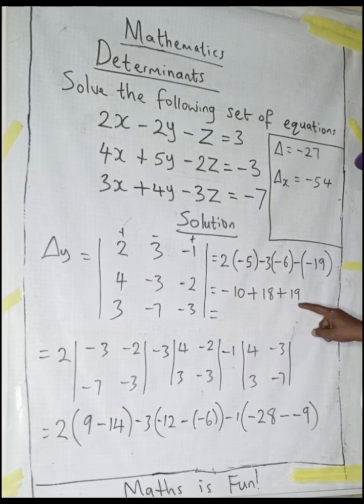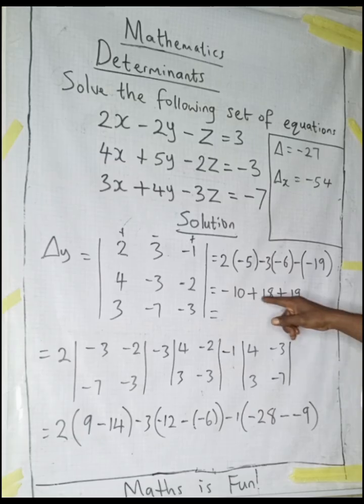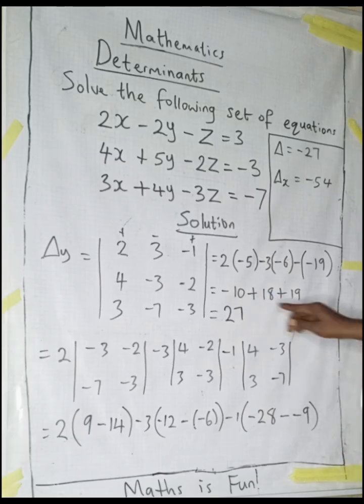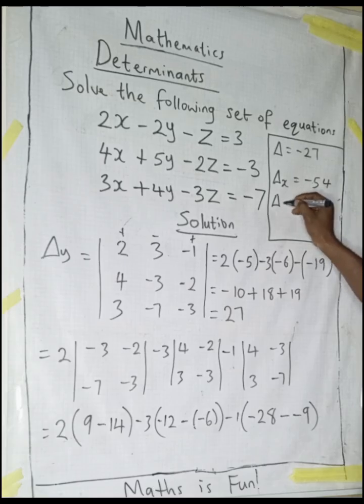Let's say 19 minus 10, that will be 9. 9 plus 18 is 27. Or 18 minus 10 is 8. 8 plus 19 is what? 27. So our change in y, delta y, is 27.